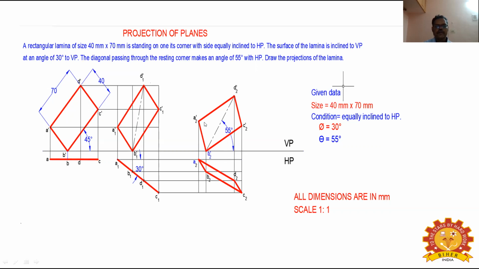And from the front view, draw a vertical line, and from the top view, draw a horizontal line. The corresponding points mark as A2, B2, C2, D2. Therefore, we get the final top view.